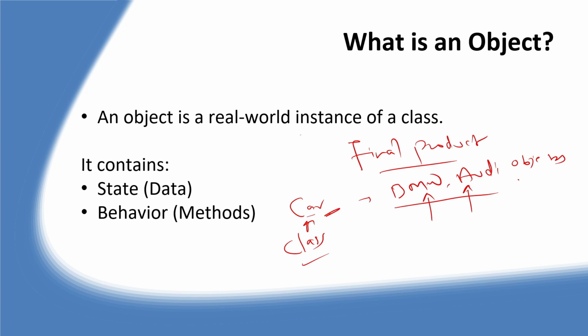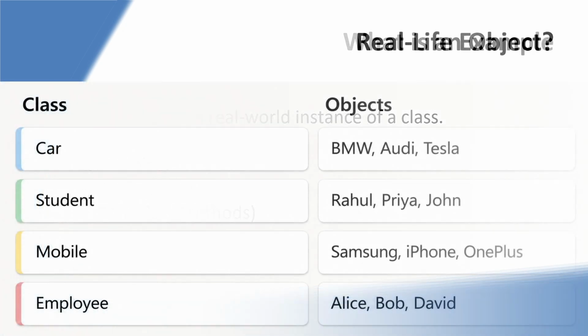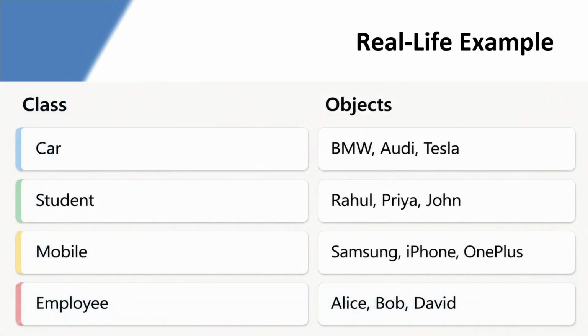So let's understand with real life examples. A class represents a category. An object represents the actual memory of that category, or you can say the final product. An object is a final product and a class is a blueprint.